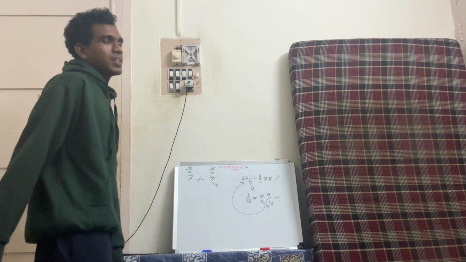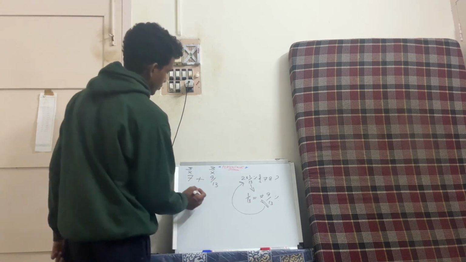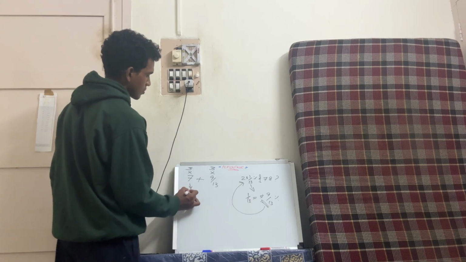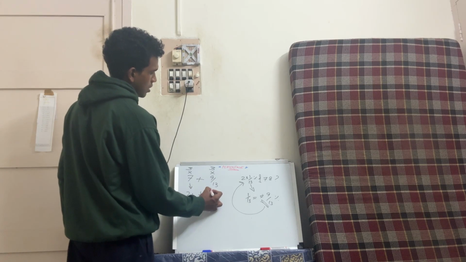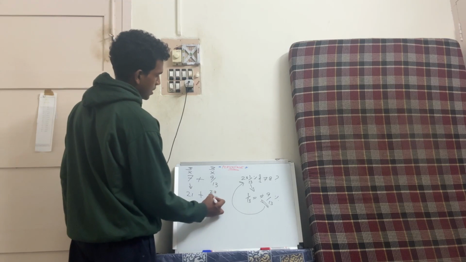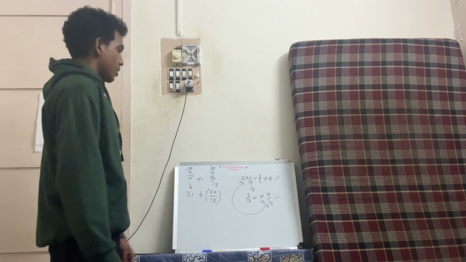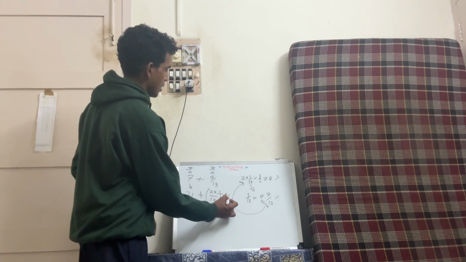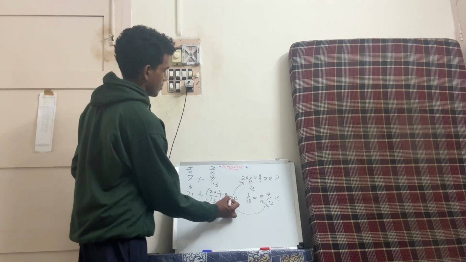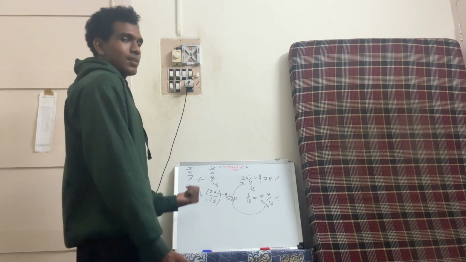When we do something in the LHS, we should also do it in the RHS. So it will be 21 plus 27 by 13. Here is a problem. The numerator should be less than the denominator, but here the numerator is larger than the denominator.